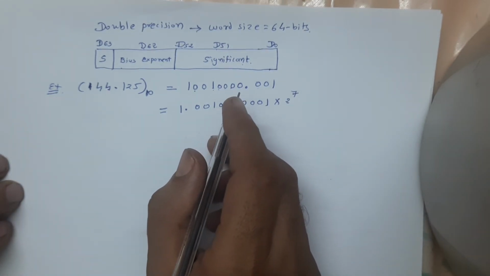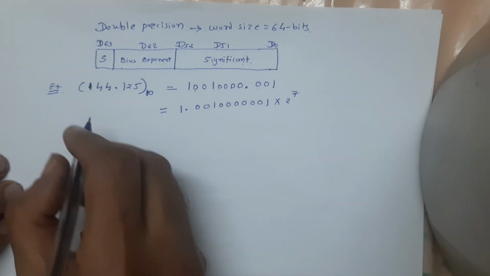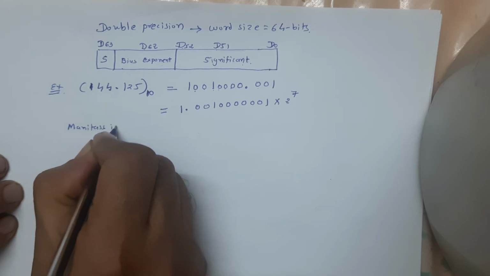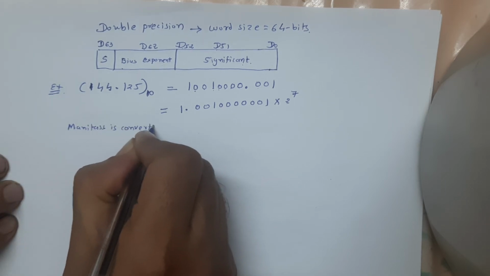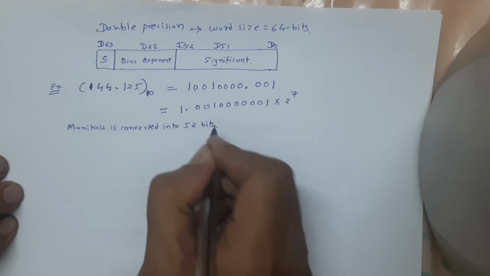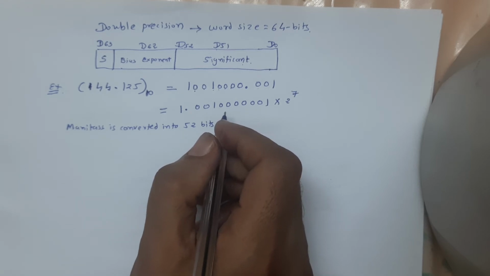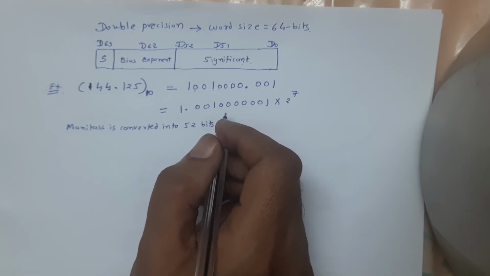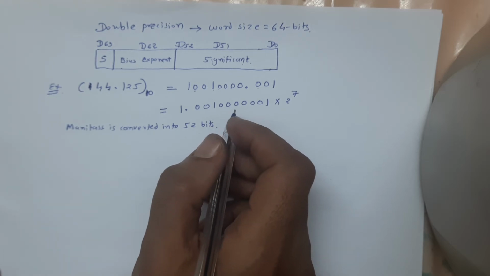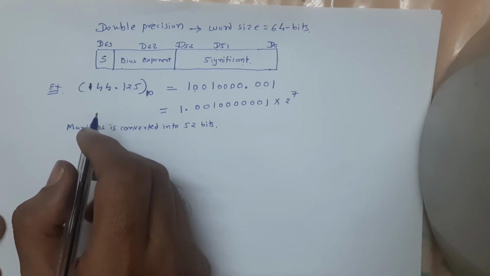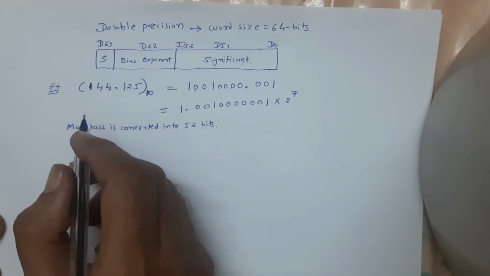The mantissa is converted to 52 bits. Remember, in single precision the mantissa is converted to 23 bits. Here the mantissa is converted into 52 bits, so we put 0s to the right hand side.